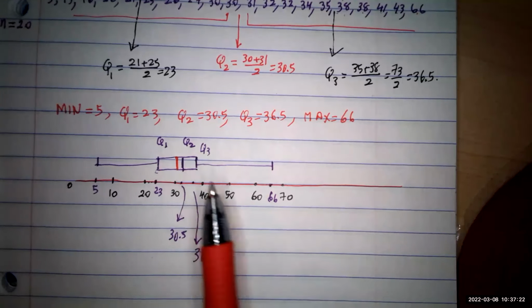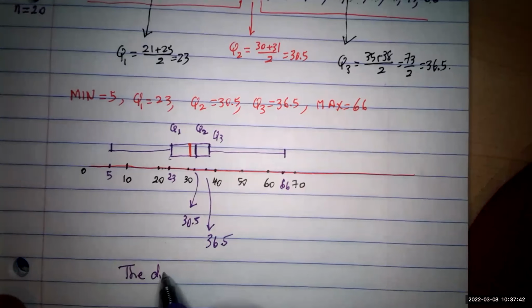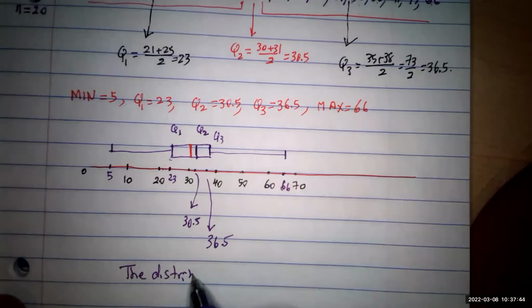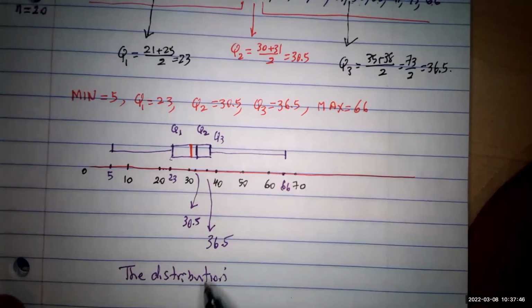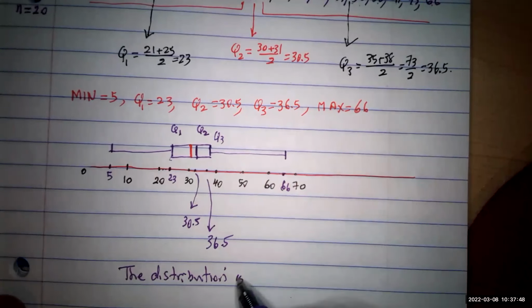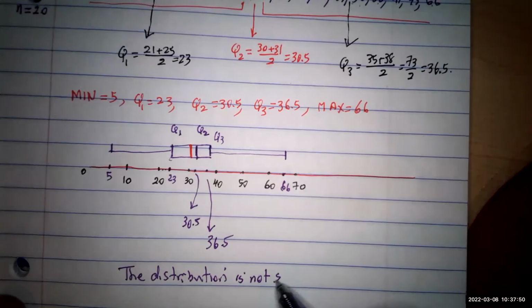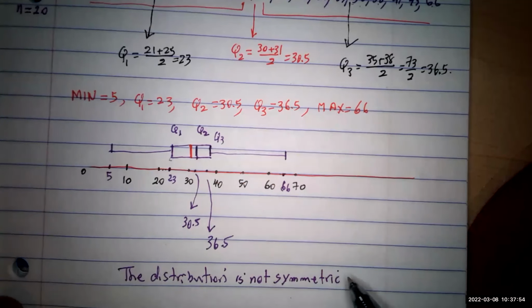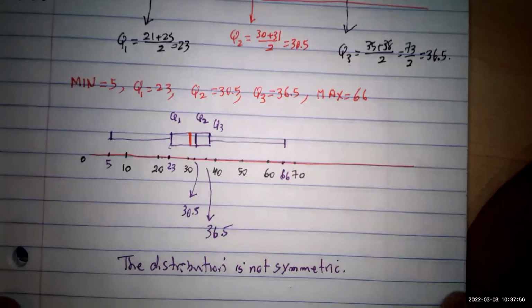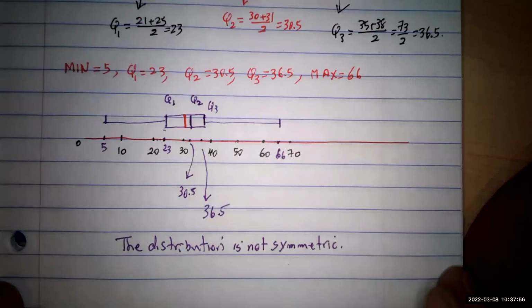So the explanation is going to be that the distribution is not symmetric.